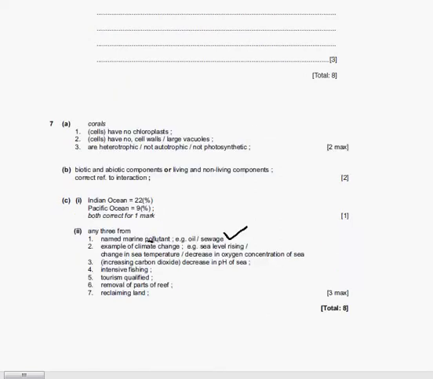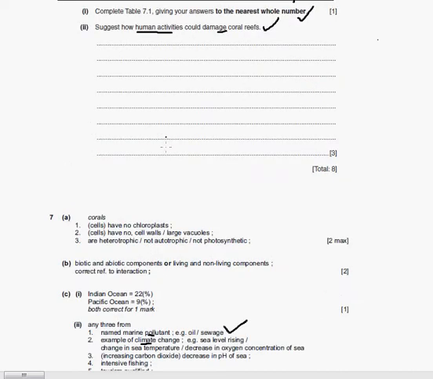Then climatic change. How are climatic changes related to human activities? We know that global warming takes place because of carbon dioxide. And where does this carbon dioxide come from?